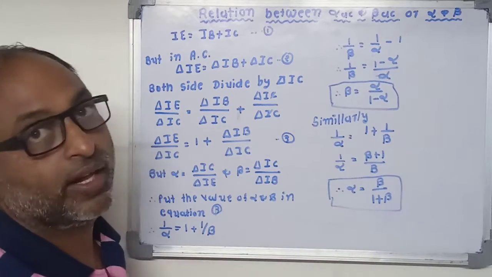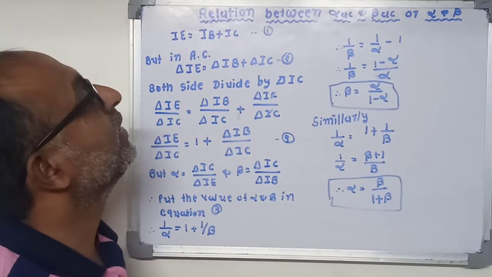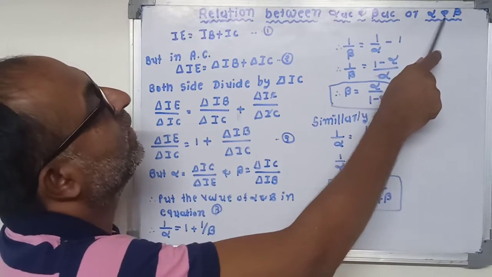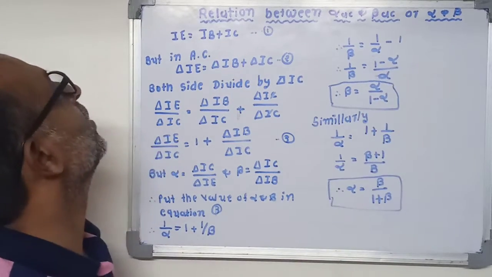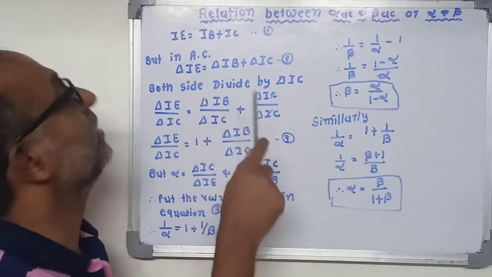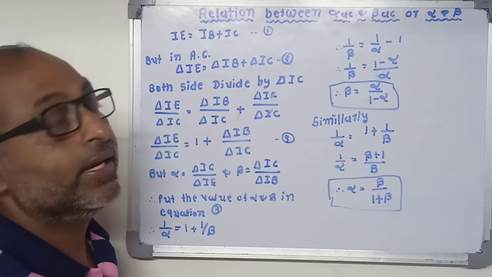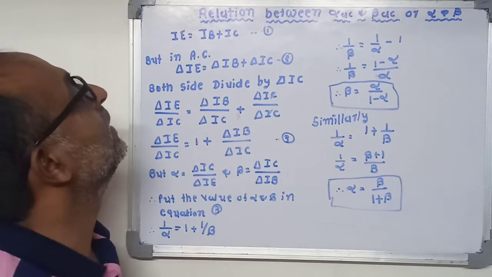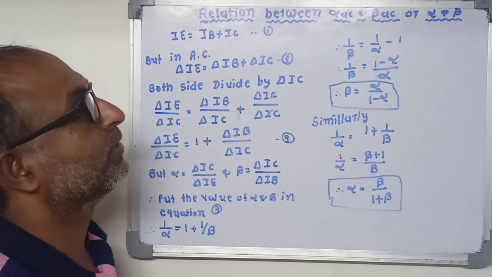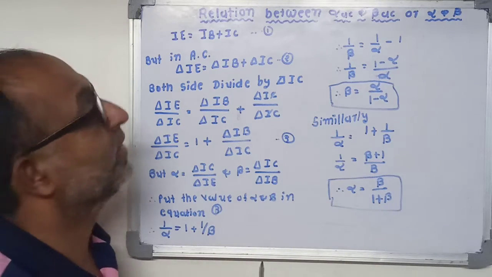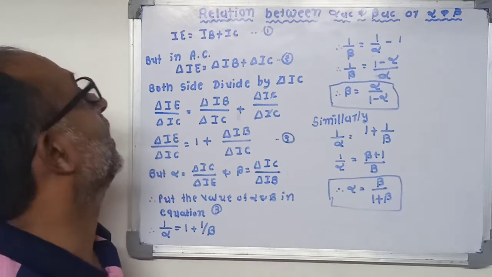Relation between alpha AC and beta AC. Here we are considering AC signal. So you can also write alpha and beta. Now already we have seen that IE is equal to IB plus IC in case of DC signal. So here we prove the relationship between alpha AC and beta AC.